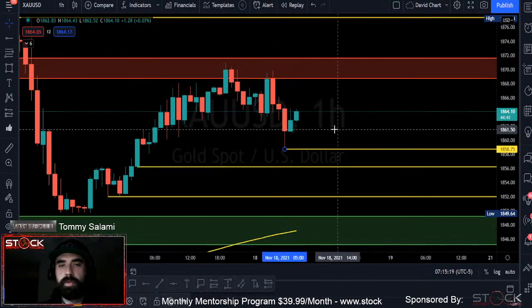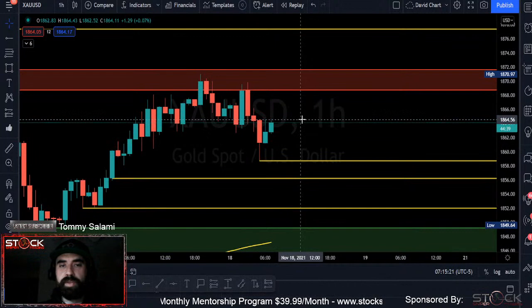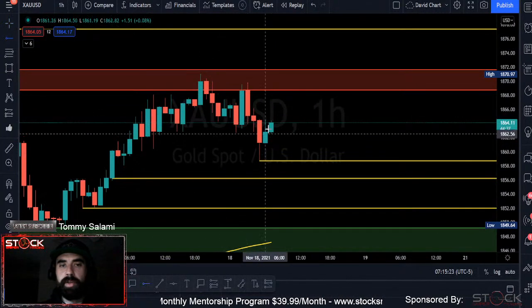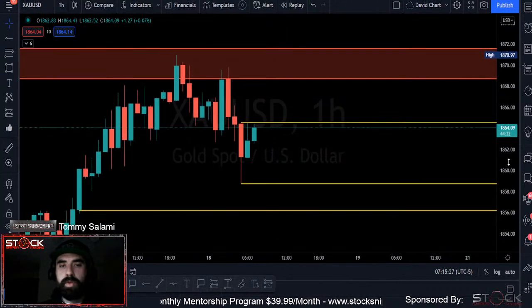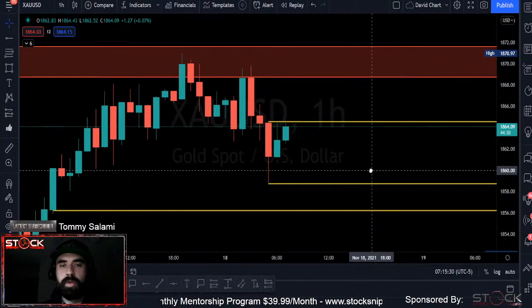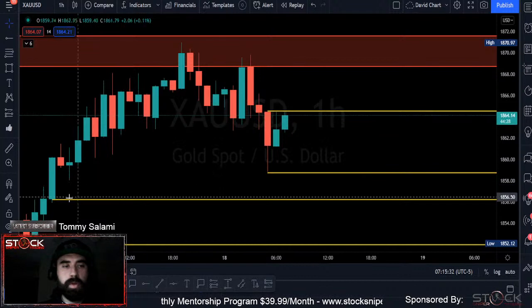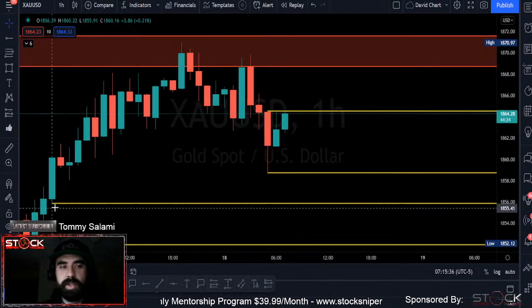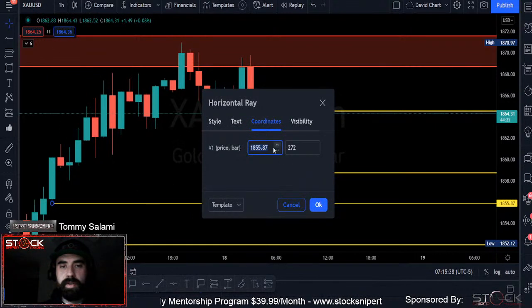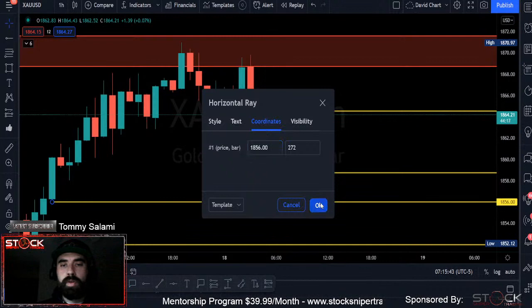Oh, that's 74. Perfect. Then we have some resistance right here forming on the hourly. We want to tighten this up to make sure it's the bottom of the wick. So it's 1856. Perfect.